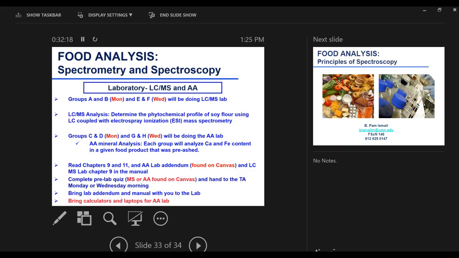This is what you're going to do next week. We still have time. I'm going to continue the topic, but I just want to remind you that next week we are still continuing with the rotation labs. So we will have the mass spectrometry lab, LCMS lab, and atomic absorption for determining mineral content, iron and calcium in different food products.